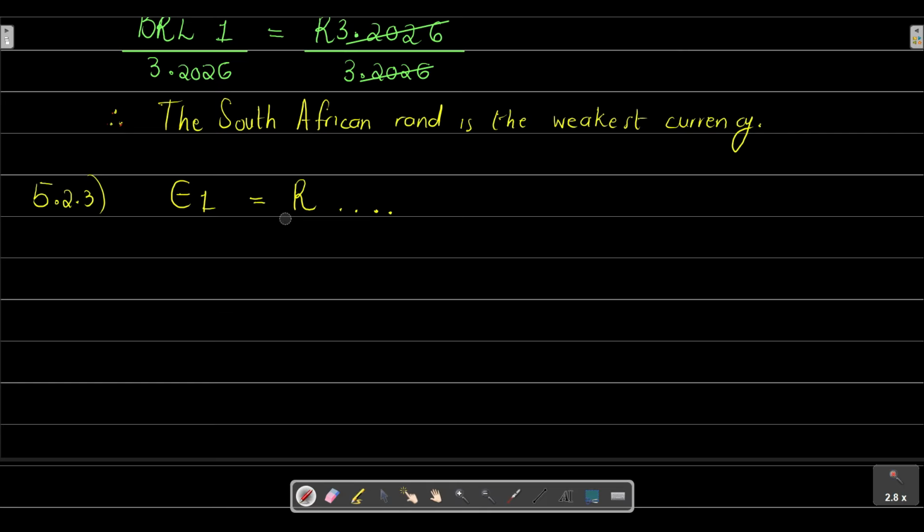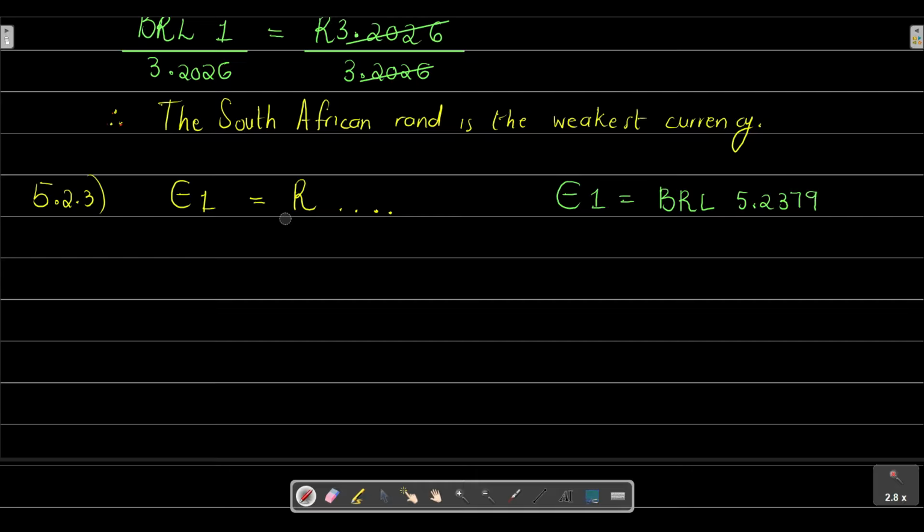We already know, from the exchange rates given to us in table 6, that 1 euro is equal to 5.2379 Brazilian reals.